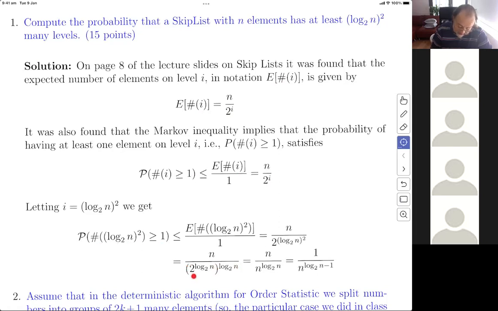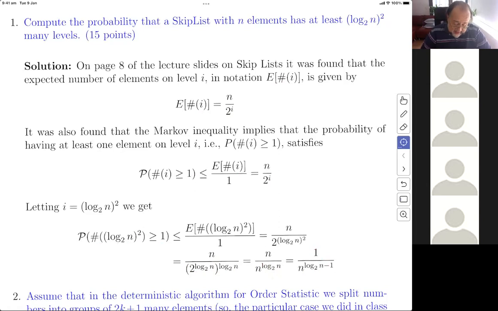You put 2 to the power log₂ n, and then the whole thing to the power log₂ n. And this in the bracket is, of course, just n. So this is n to the log₂ n. And then you can cancel out 1 power of n, and you get that this is 1 over n to the power log₂ n minus 1. And that's the final answer, right?